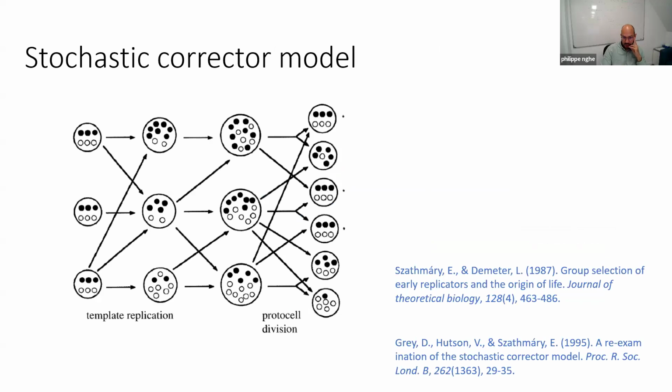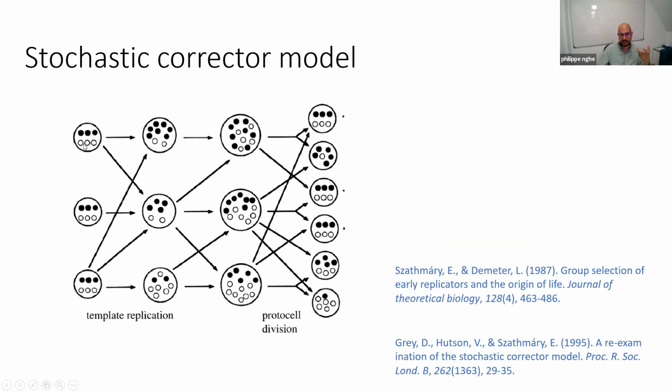So the first, not the first fix, but one of the main fixes that was proposed for the error threshold was the stochastic corrector model in the 80s, where you have a second level of selection. Here the small dots are copies of the RNAs.